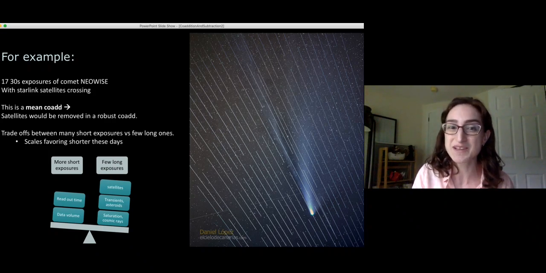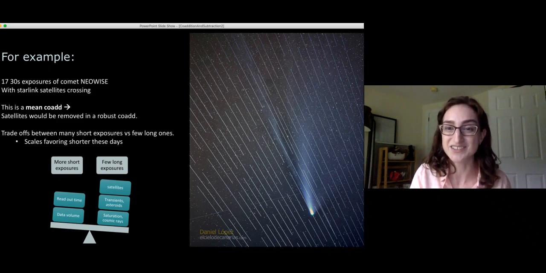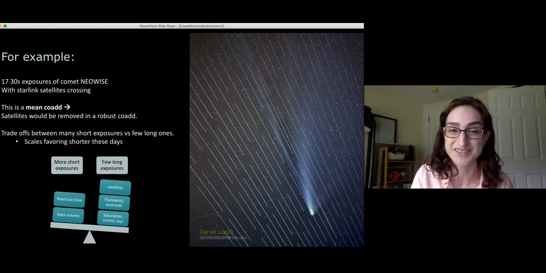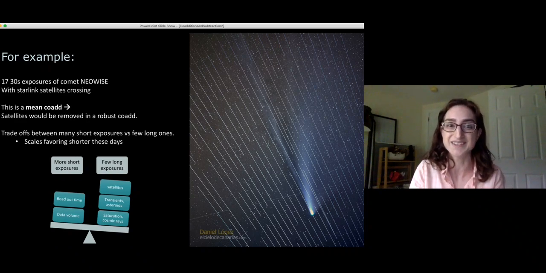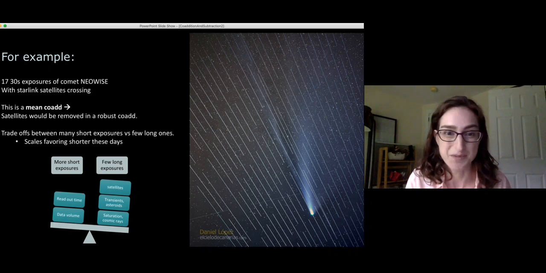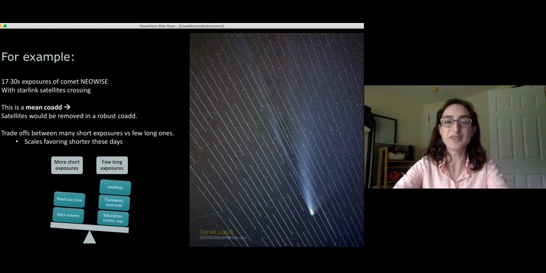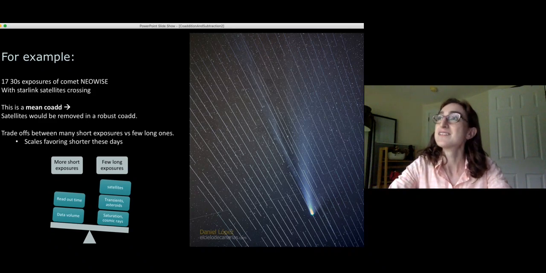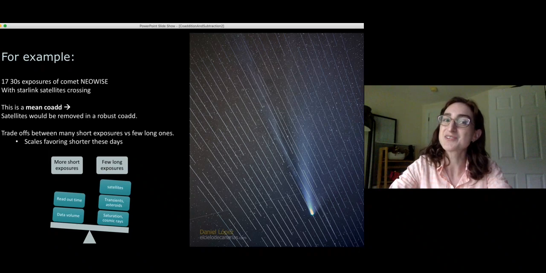So disk space has been getting cheaper over the years, and readout times have been getting faster over the years. For example, LSST is going to achieve 2-second readout time because of its 3,000 amplifiers. But still, at 2 seconds, it would not make sense to have 1-second exposures. So there are trade-offs, but the trends are pointing us towards more shorter exposures than in the past.